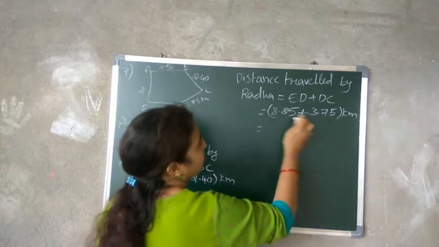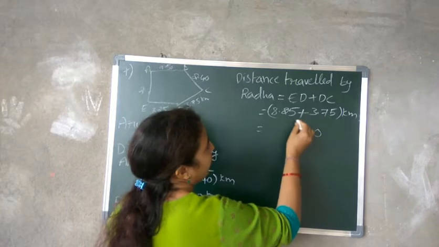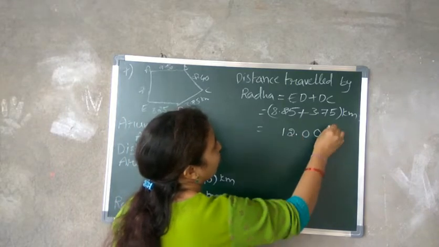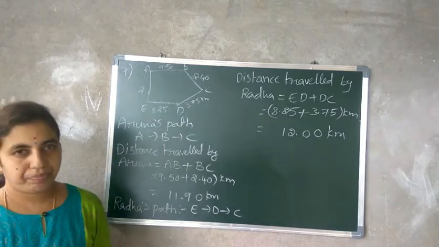Add those two. 5 plus 5, 10, carry, and so on. The total is 12.00 kilometers.